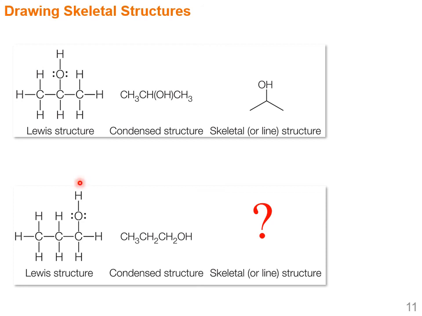What if the OH is on the terminal carbon, meaning the carbon at the end? The beginning carbon is also a terminal carbon. It means at the end of the molecule. Again, this contains 1, 2, 3 carbon atoms. So the skeletal structure showing the carbon atoms will have 3 carbon atoms.